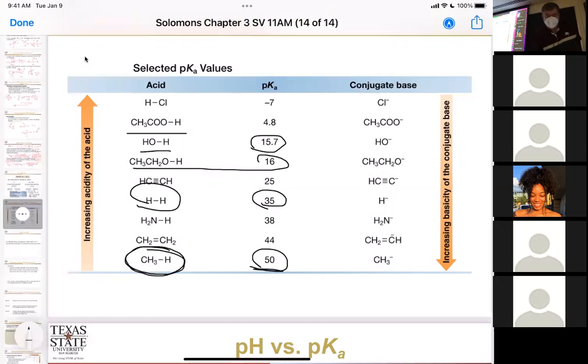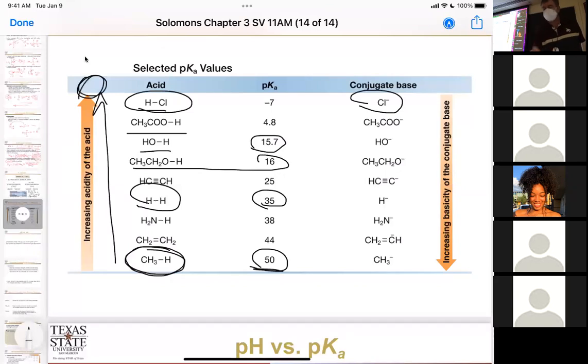So if this is increasing acid strength, let's now look at our conjugate base. If this was a very strong acid, it wanted to get rid of that hydrogen so fast, it would give it to anything, so its conjugate base must be very stable. Its conjugate base must be very weak. That's the interesting thing. A very strong acid has a very weak conjugate base. They're diametrically opposed.